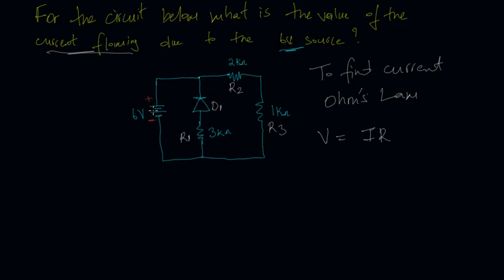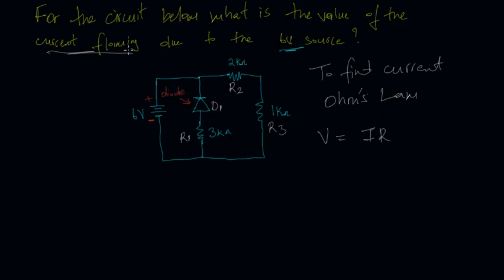So we have our positive side because this side is the longer side. So whenever we draw our cells, the longer side is always positive and the shorter side is always negative. Now, the reason why I mentioned that is because we're going to look at a polar sensitive device. In this case is our diode, right? So let me write diode.